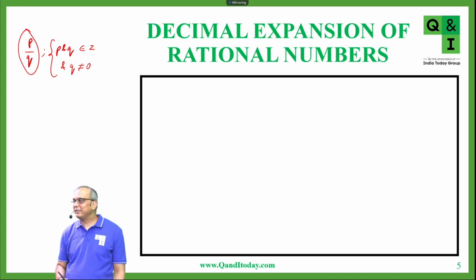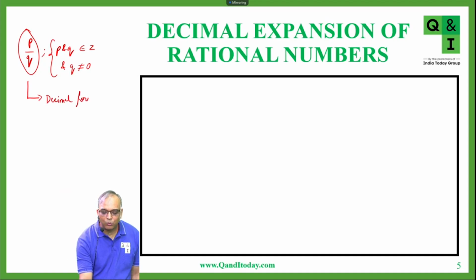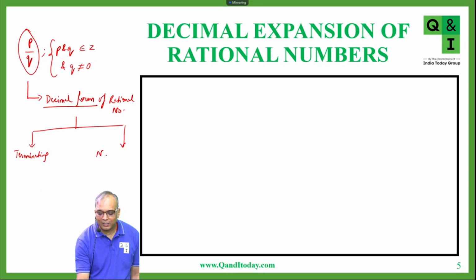Now, when you convert this fraction or rational number into decimal form, there are two forms possible for a rational number. So decimal form of a rational number will be either terminating, right? Or it will be non-terminating and recurring.